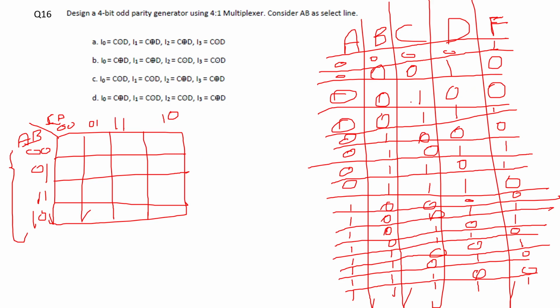So let me just mark those terms which are 1. When the select lines are 0 0, my I0 input line will be selected.